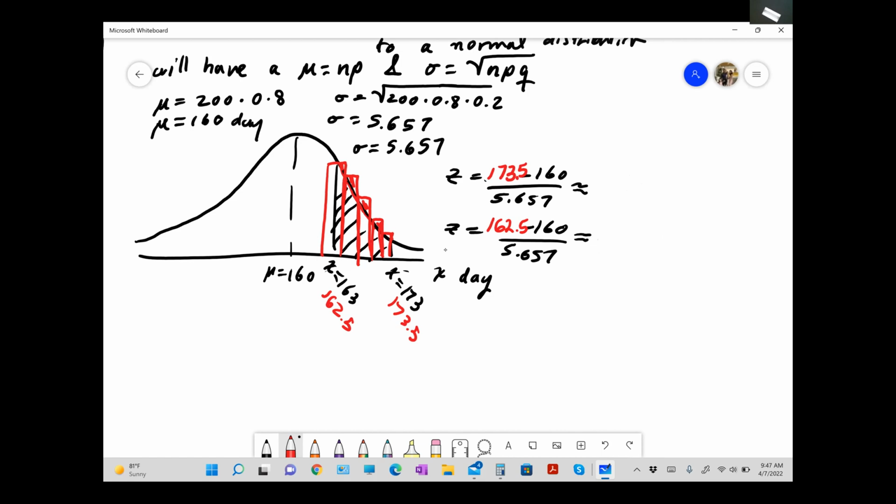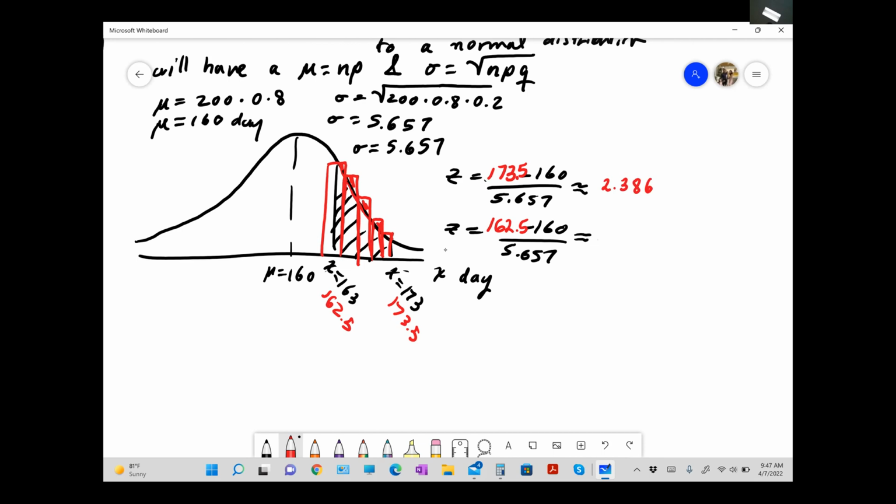So we have 173.5 minus 160, divided by the square root of, I do have it in memory, so let me not be lazy. Square root of that, and 13.5 divided by this gives 2.386. Remember, we keep 3 decimal places.